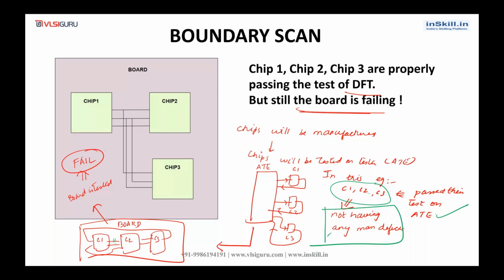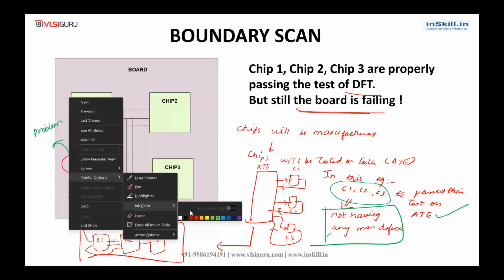There are some interconnections formed between the chips, right? So that is why the board is failing. There can be some manufacturing defects in the interconnection between the chips.